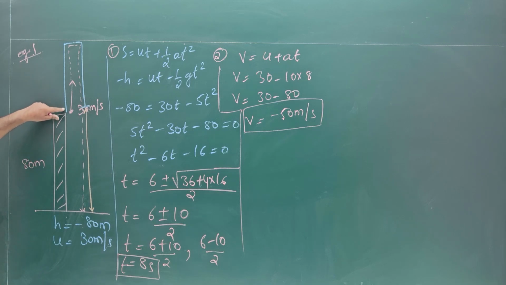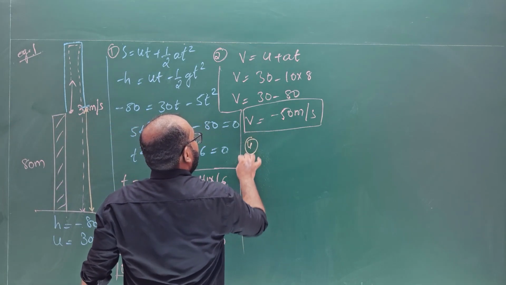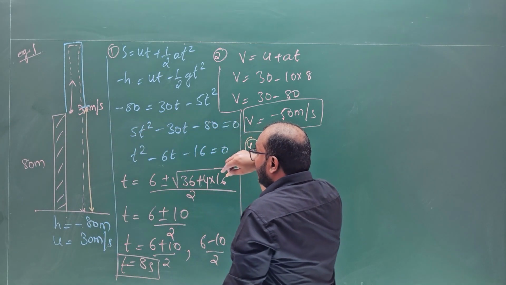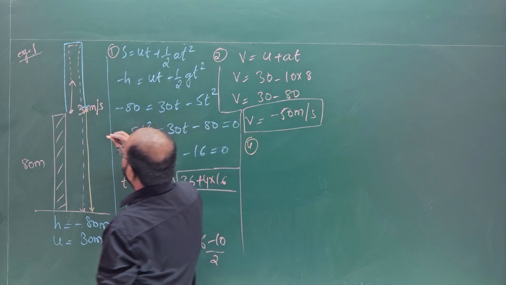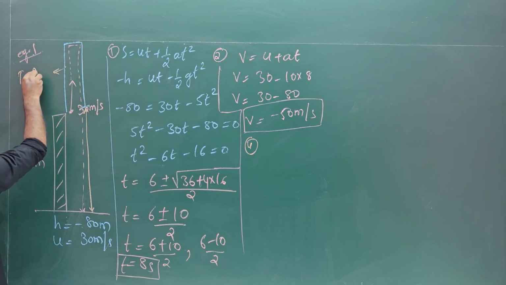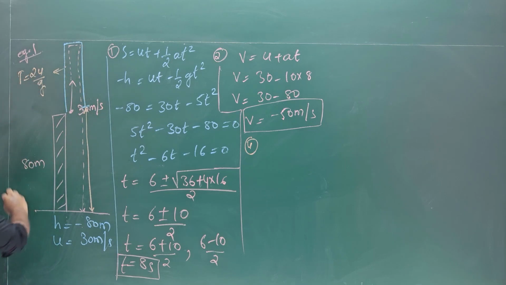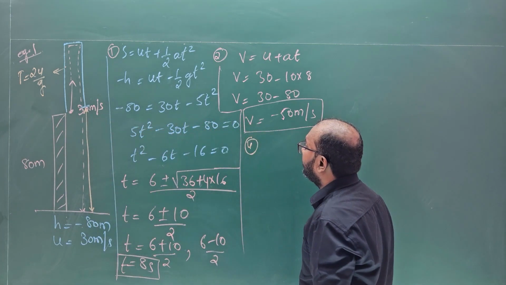So calculating time from here to here. Now, to calculate the time to reach H max, what is the time period for this blue portion? This is nothing but, can I say that T is equal to 2u upon g, ground to ground? Yes? Okay. Now, listen to me.